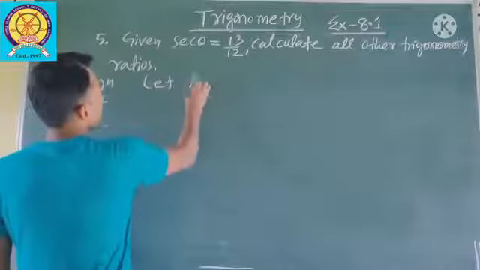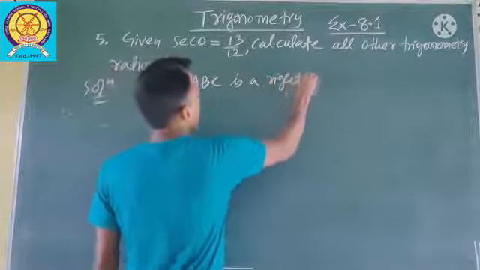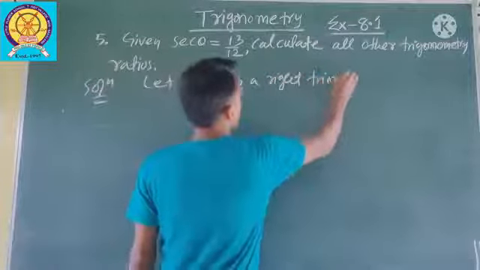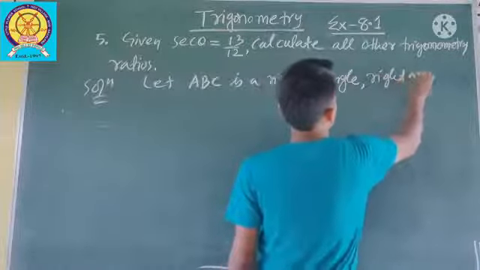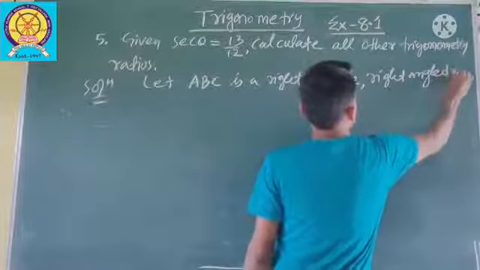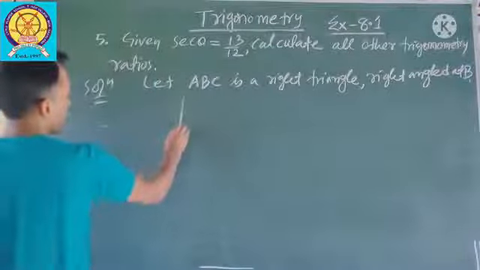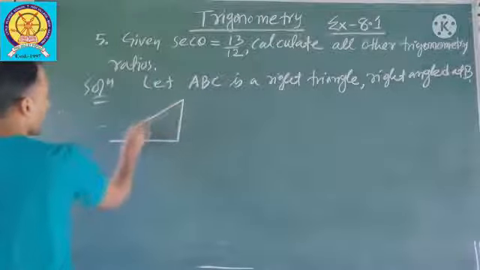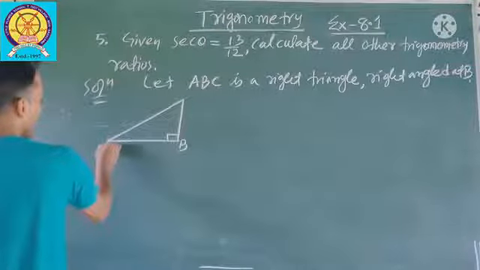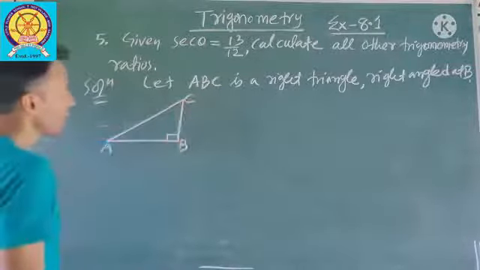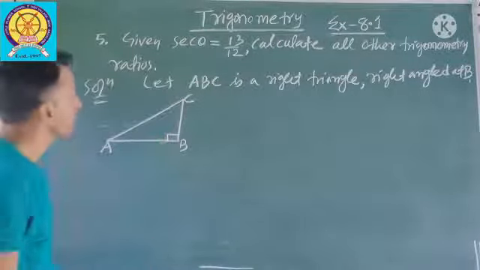Let ABC be a right triangle, right angle at B. So you draw a right triangle, right angle at B.